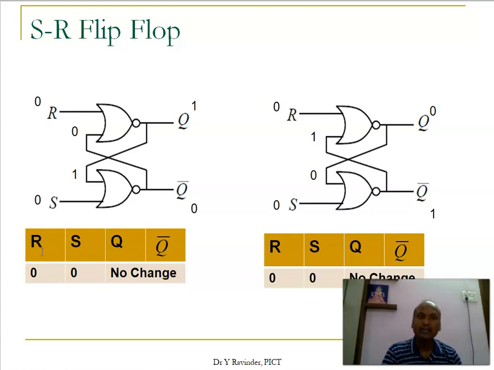When R is 0 and S is 1, the output is 1. When both are 0, 0, there won't be any change in its state, the previous output will not change, it will remain same.